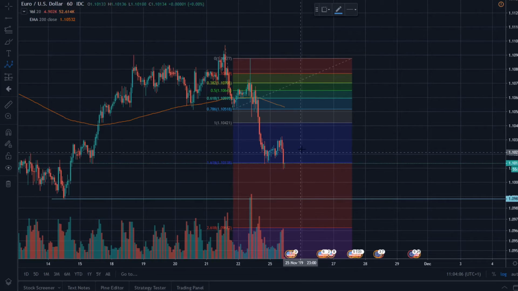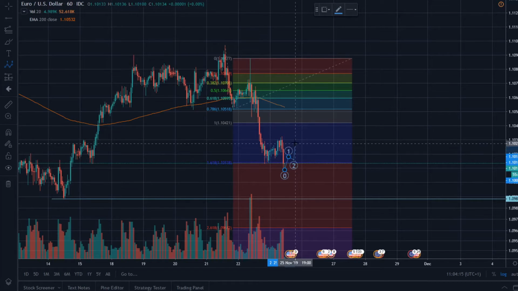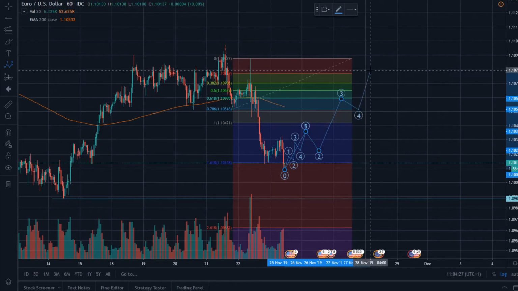So what I would be waiting for is obviously just the finish of this wave, and then we would get another, at first a small 1, 2, 3, 4, 5 impulsive pattern, which obviously would go into a larger degree of, this is all a 1, a 2, 3, 4, 5.